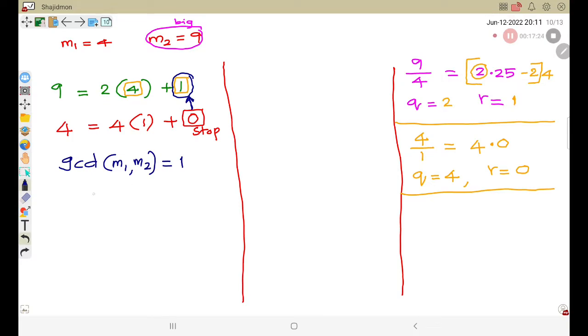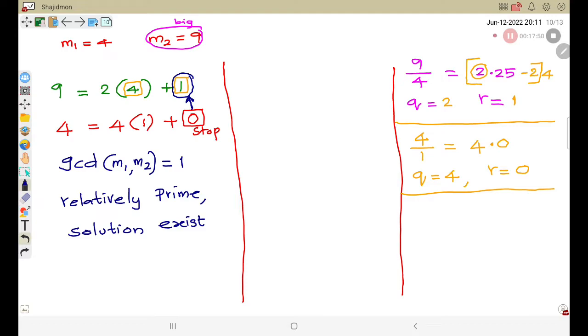So we can say M1 and M2 are relatively prime numbers, correct. GCD 1 means the solution exists, that we can find the x number.